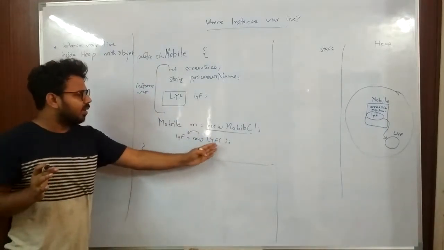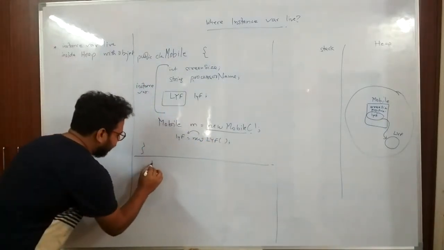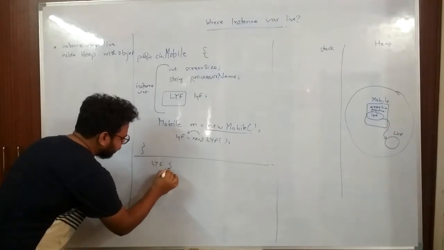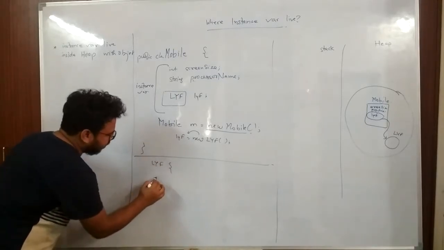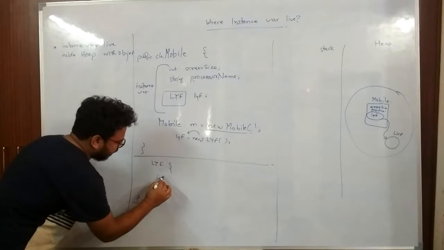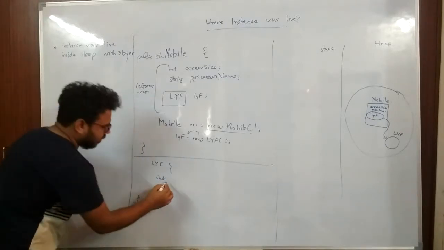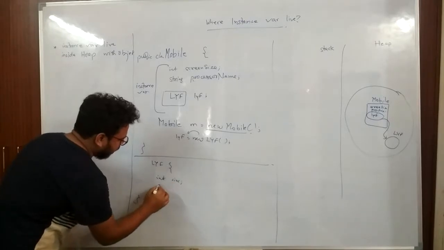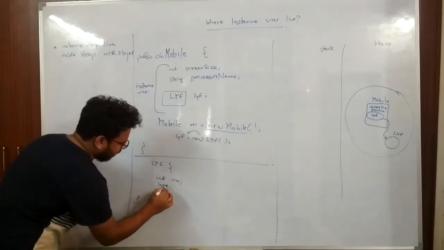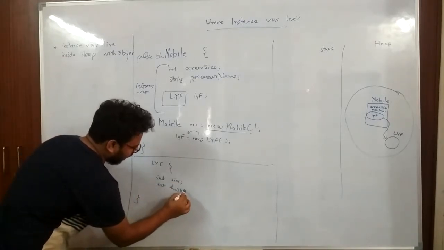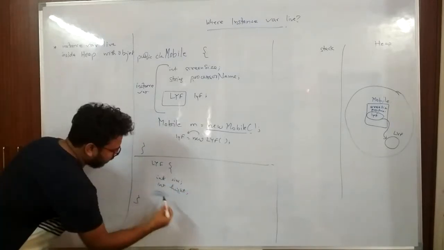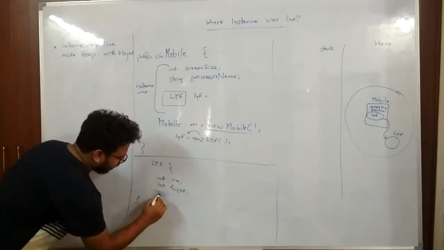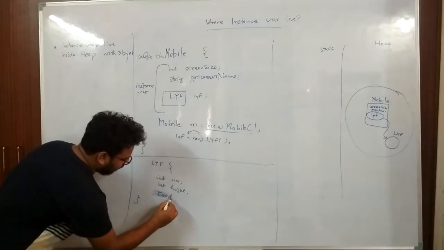Suppose this Life class is declared here, and inside it we have some instance variables, primitives such as int size and int display height, and a reference variable, suppose card type, that is memory card type.